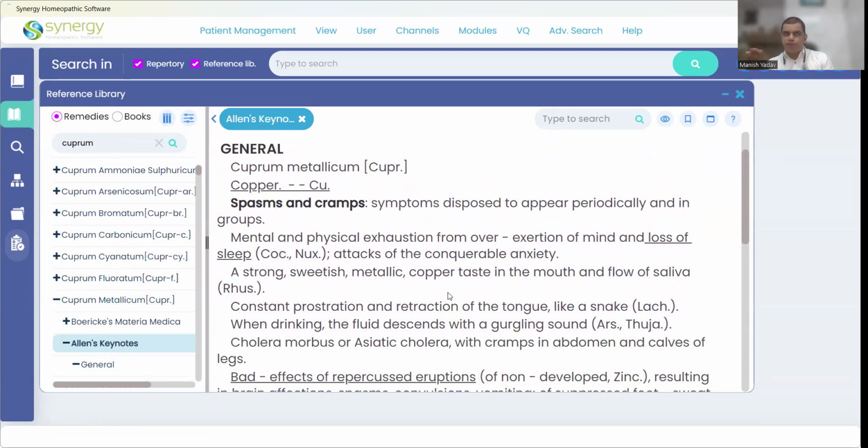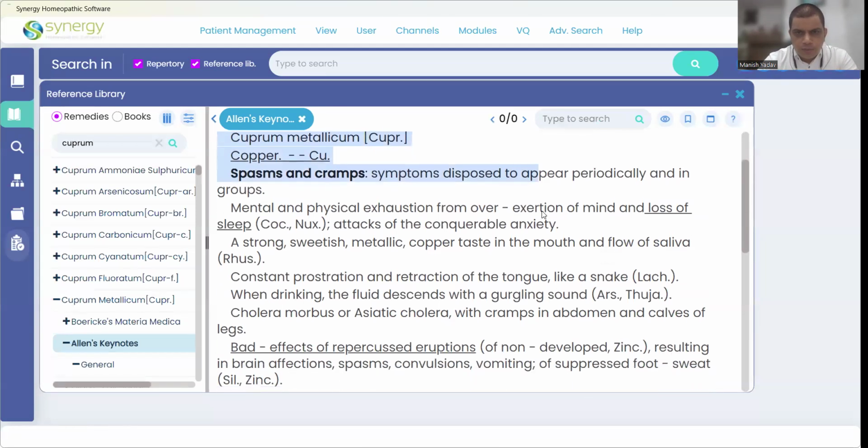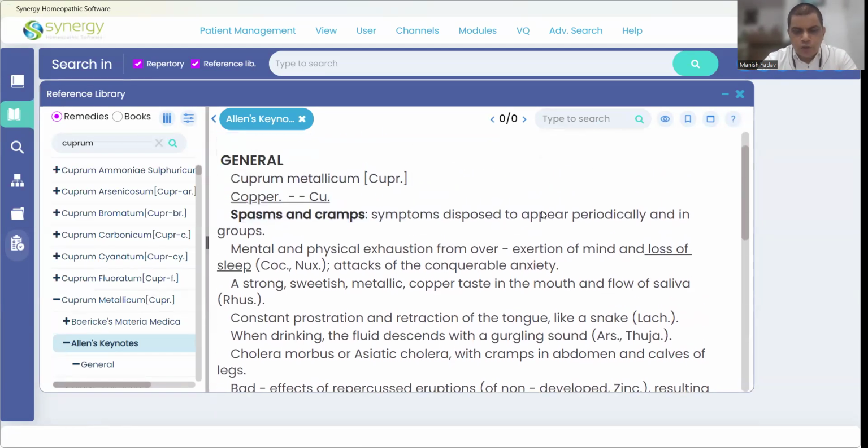We learned about Cuprum from that case, that gurgling sound which is there. I'll show you the symptom where it is. The other remedies are Thuja and Arsenic. So gurgling sound, whenever the patient drinks, it rolls. That is the characteristic of Cuprum.